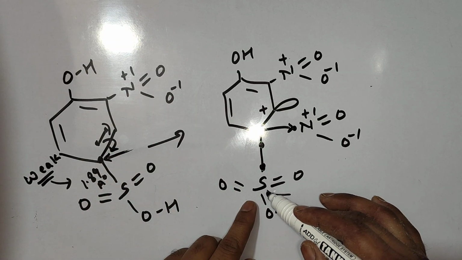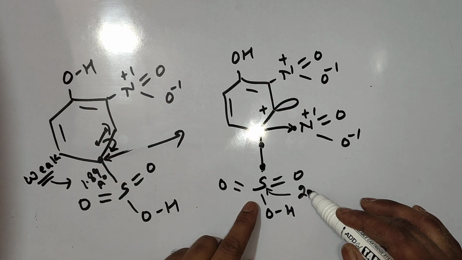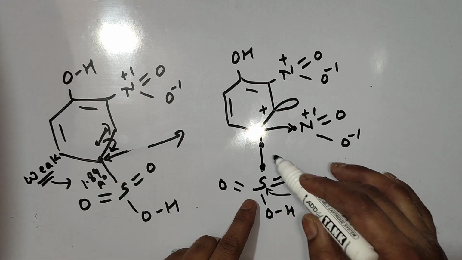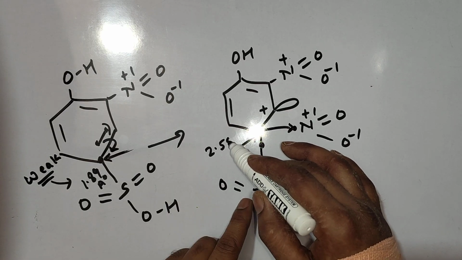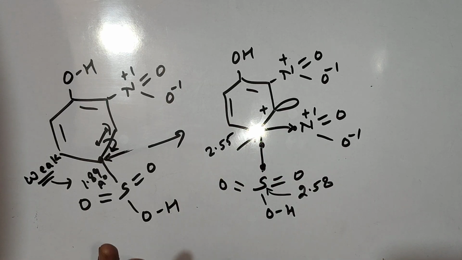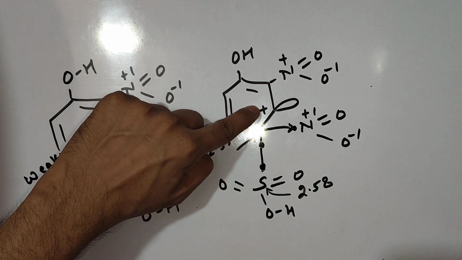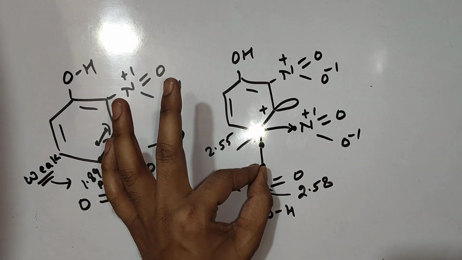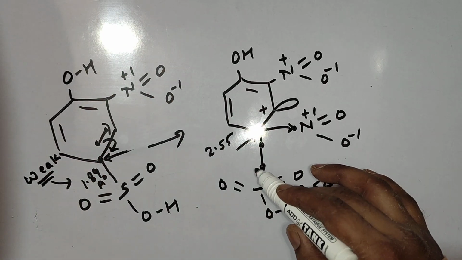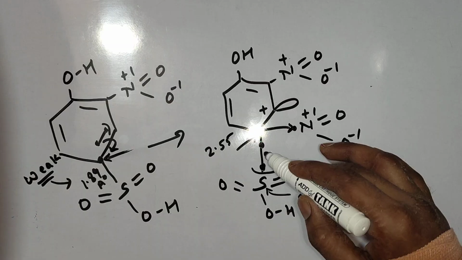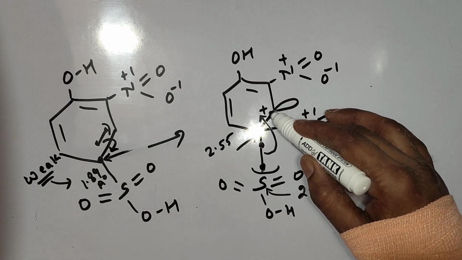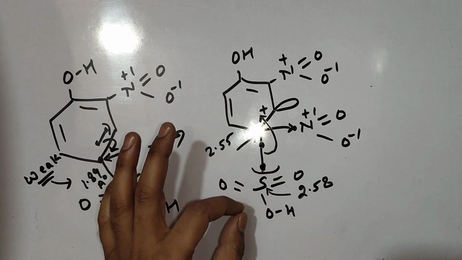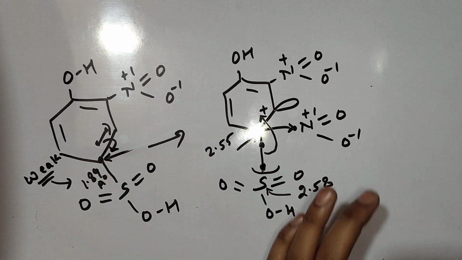If you check the electronegativity of sulfur, it is 2.58 and carbon's electronegativity is 2.55. Almost the same. This positively charged carbon will attract these electrons toward itself. So when the bond breaks, electrons will transfer here and a bond will generate between this carbon and this carbon, and the sulfonic group will leave this molecule.